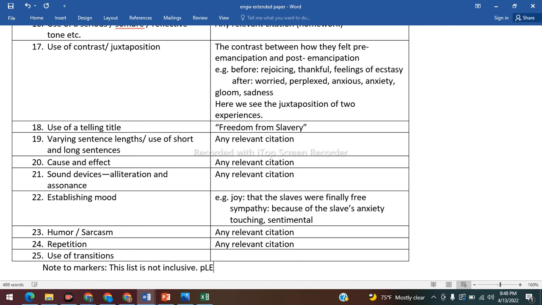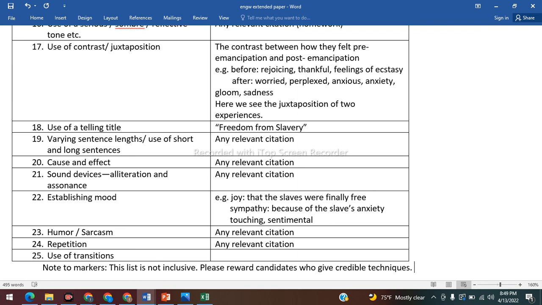Please reward candidates who give credible techniques. So it could be more than that.